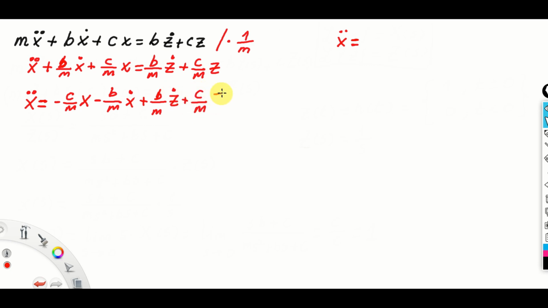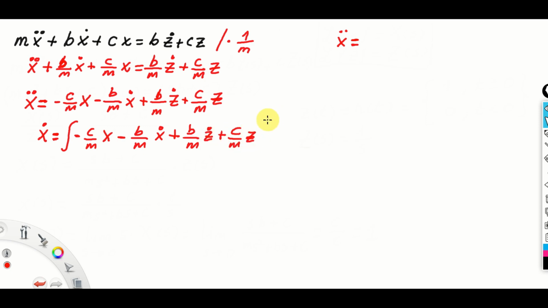From this equation, it follows that x dot is equal to the integral of everything that's on the right hand side. That is, an integral of minus c over m x minus b over m x dot plus b over m z dot plus c over m z, and everything should be integrated with respect to time.